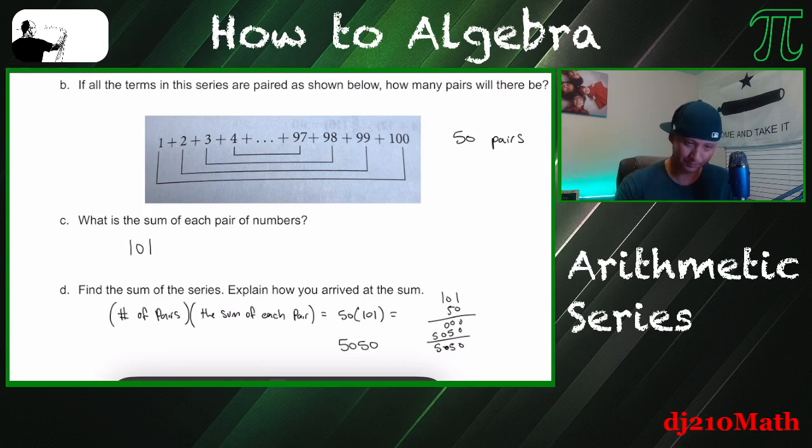Is that true? It's true. So the sum would be 5,050. Again, we took the number of pairs, 50, and multiplied it by the sum of each pair, in this case 101.